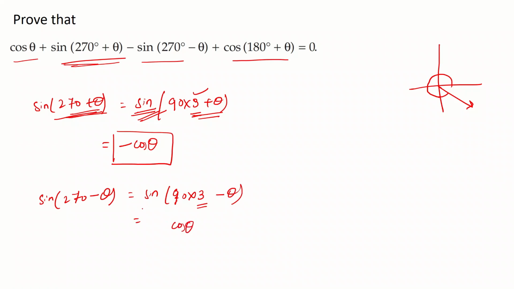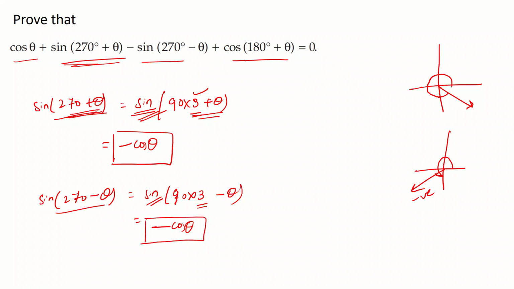And now to determine the sign, 90 times 1, 2 and 3, and then minus theta, so back in the negative direction, so this goes in the third quadrant, and in the third quadrant we know that sine is negative, so we supply a negative value over here. So again, sine(270 − θ) gives you minus cos θ.